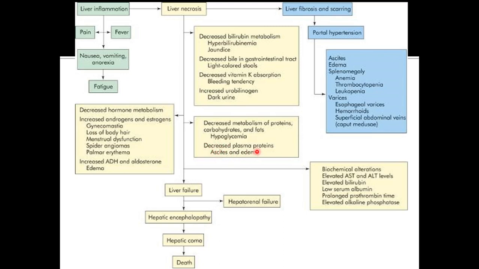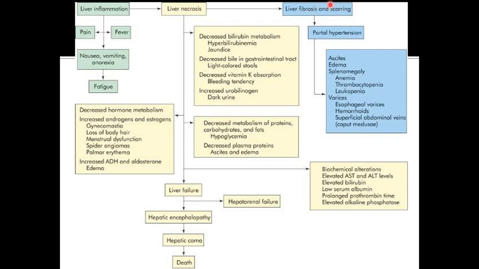And so ascites and edema are common with liver necrosis and liver disease because of the lack of plasma proteins. And over time, that can lead to liver failure, which can lead to hepatic encephalopathy, and then ultimately can lead to death, because if the liver is failing, all of its functions are failing, and that can lead to the demise of that person.